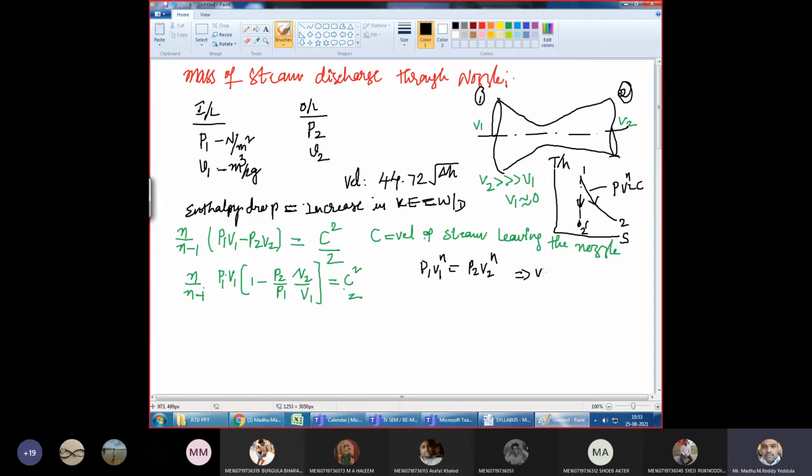V2 by V1 is equal to P1 by P2 whole power 1 by n, or I can also write it as P2 by P1 whole power minus 1 by n. Is it okay till here? V2 by V1 can be replaced with P2 by P1 whole power minus 1 by n. Please respond.